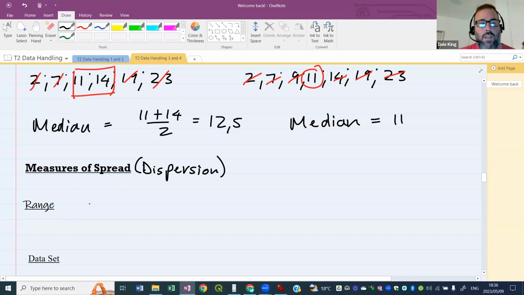Okay, and range is the biggest, or let me write this rather.